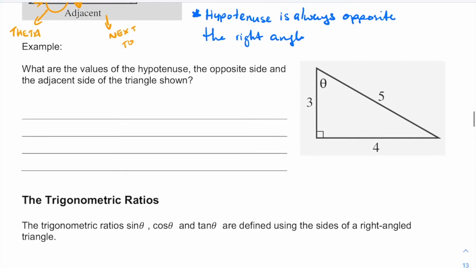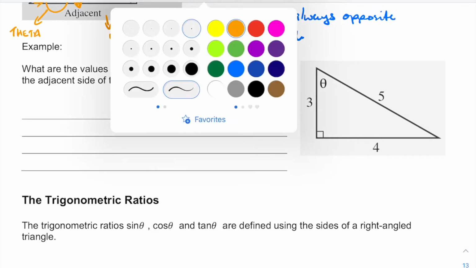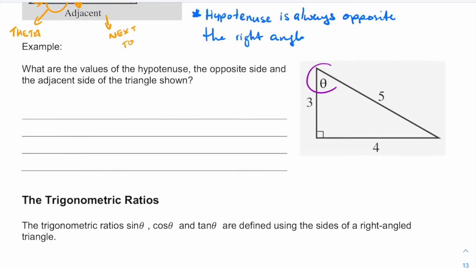What are the values of the hypotenuse, the opposite side and the adjacent side of the triangle shown? So here's the angle we're dealing with. There's theta. It's showing the important angle, the one that we want to use. So we can see here that 5 is the hypotenuse.